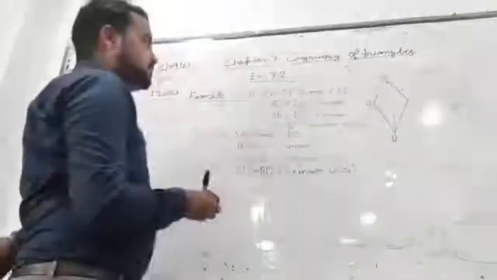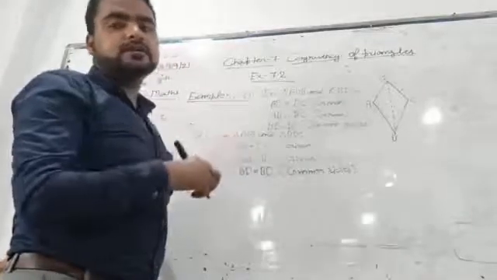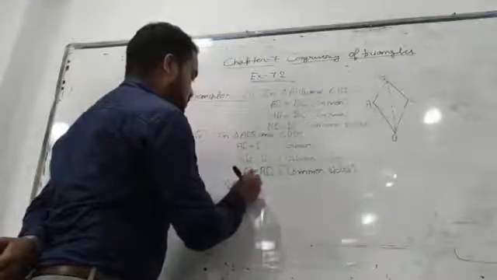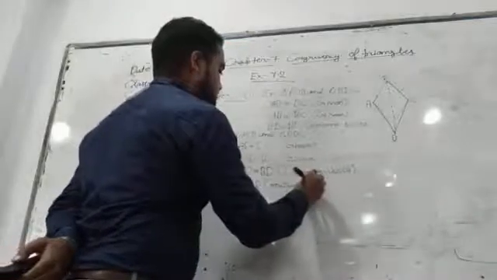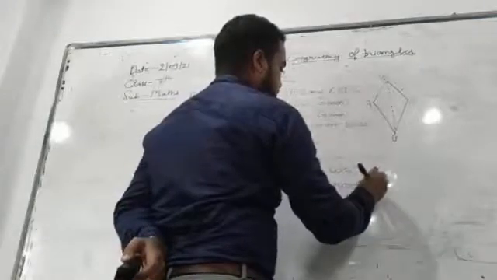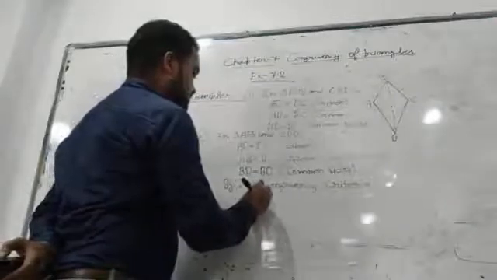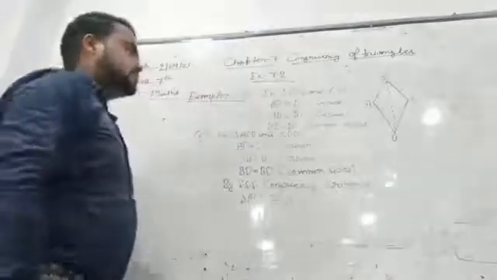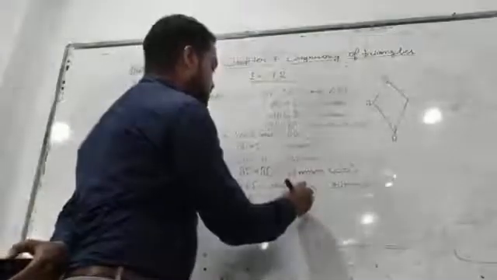So here we find the three sides of these two triangles are equal to each other. So by SSS congruency criteria, we can say that triangle ADB is congruent to triangle CDB. AD is equal to DC.